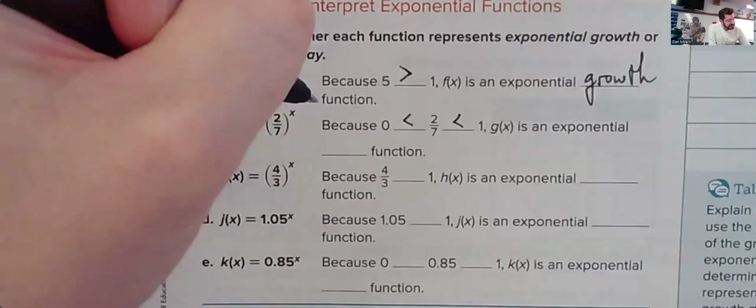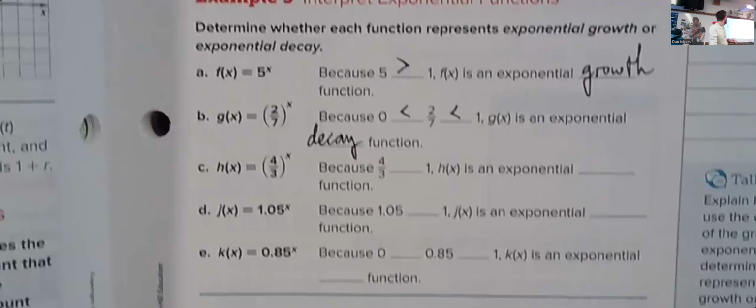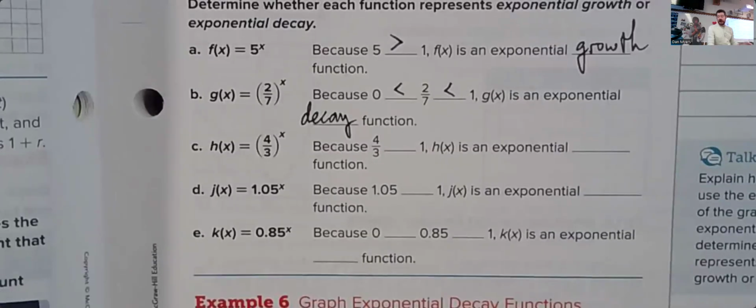Do C, D, and E on your own. Now that we've had a couple of those, if it's a fraction, it doesn't necessarily guarantee that it's going to be decay. It depends on what that fraction ends up equaling when you divide it out. So pay close attention to that for the last 3 of them, and then we'll take a look at number 6 after that.